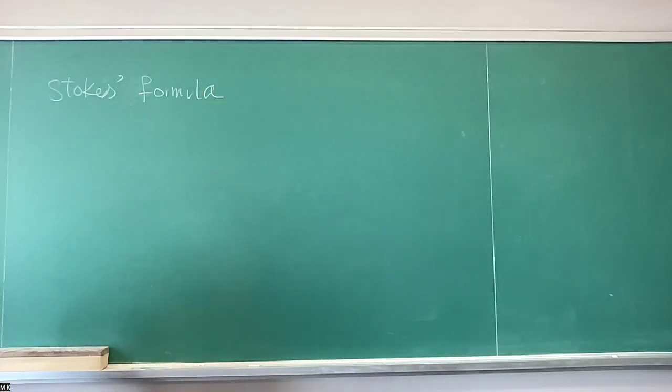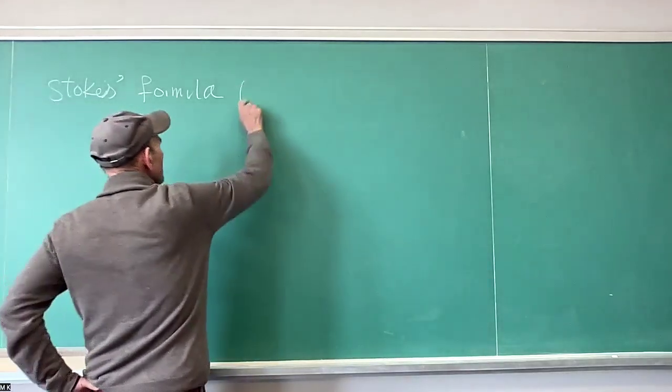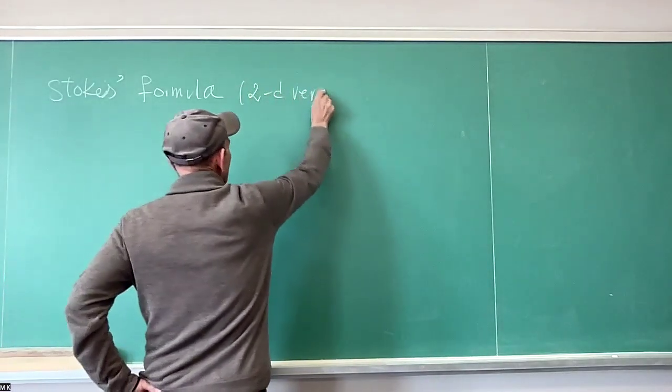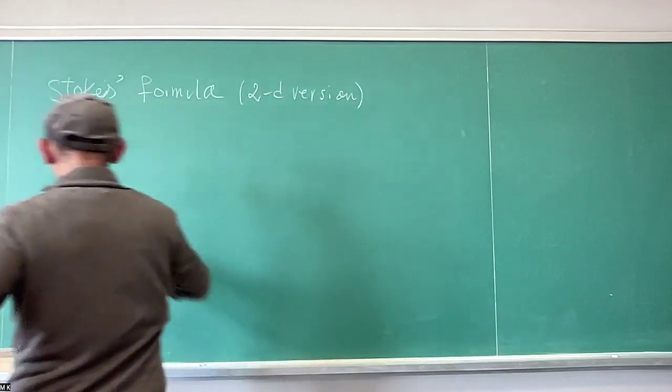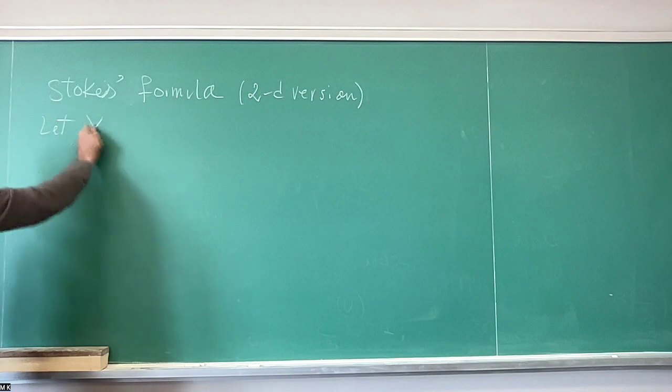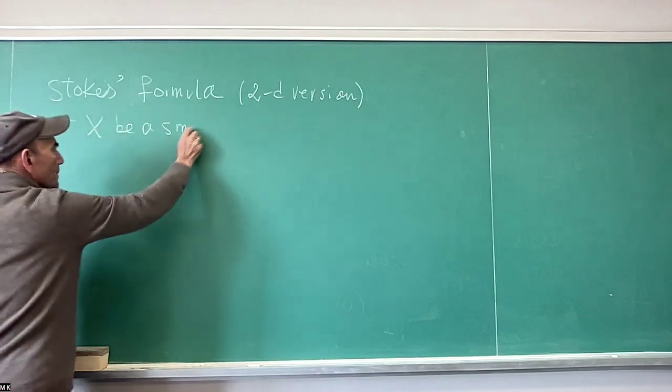So what's the best way to say that? Because there are a lot of things about the boundary of domains. Let me do the two-dimensional version. Let X be a smooth surface.